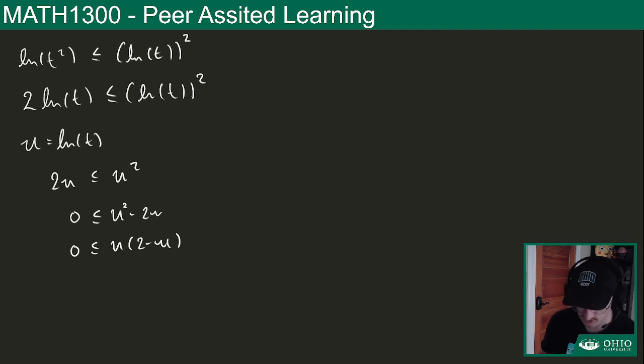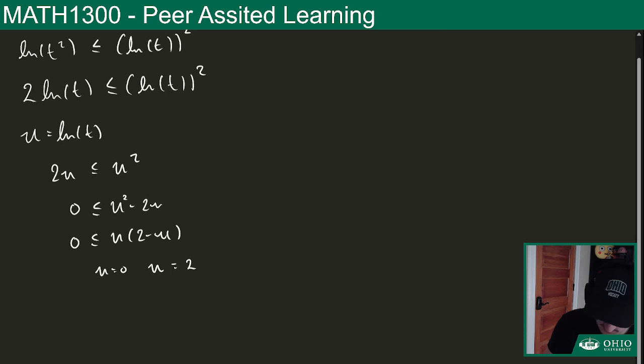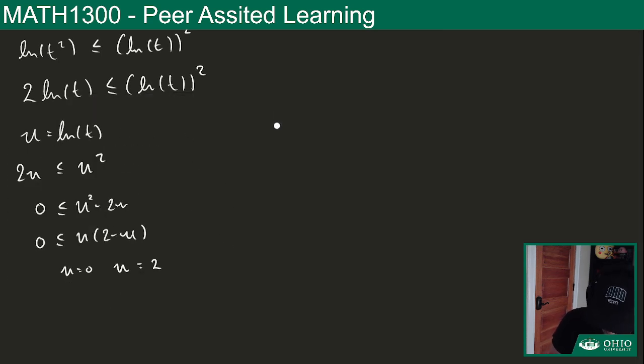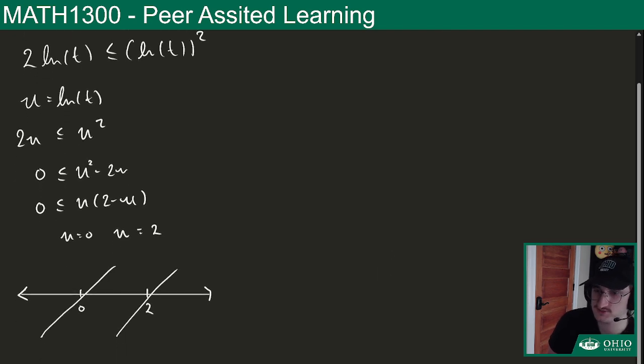u times 2 minus u. Okay, now at this point we have two solutions, right? We get u equals 0 and u equals 2, but we need to make a sign diagram, right, because we're solving an inequality. And let me move this because I'm kind of trailing off a little bit. Okay, in my sign diagram, we are going to have 0 and 2 as my points, and those both come from positive linear terms.